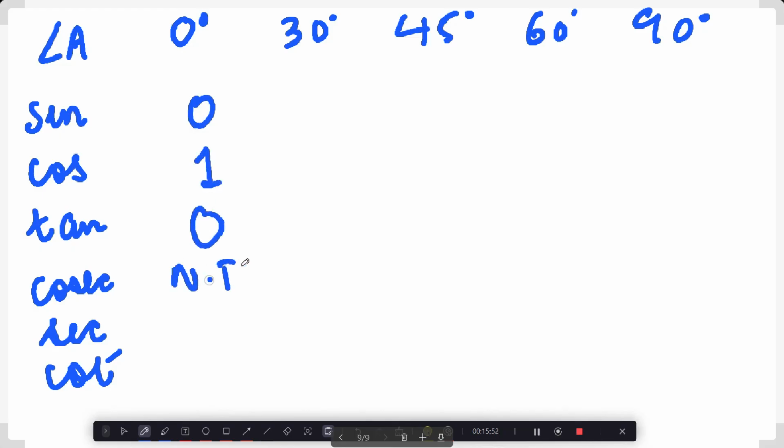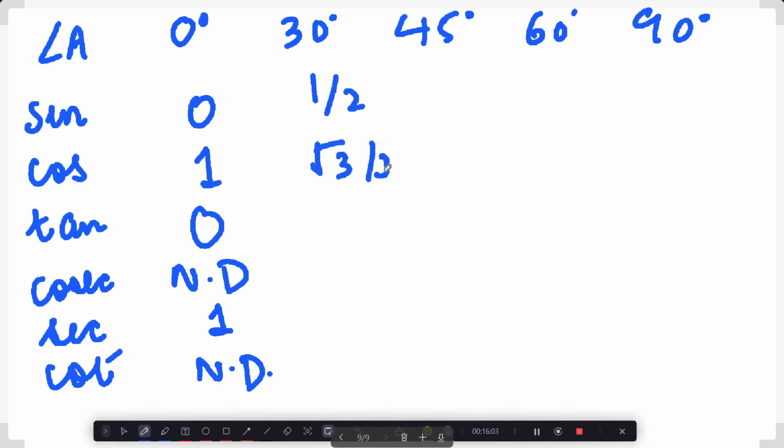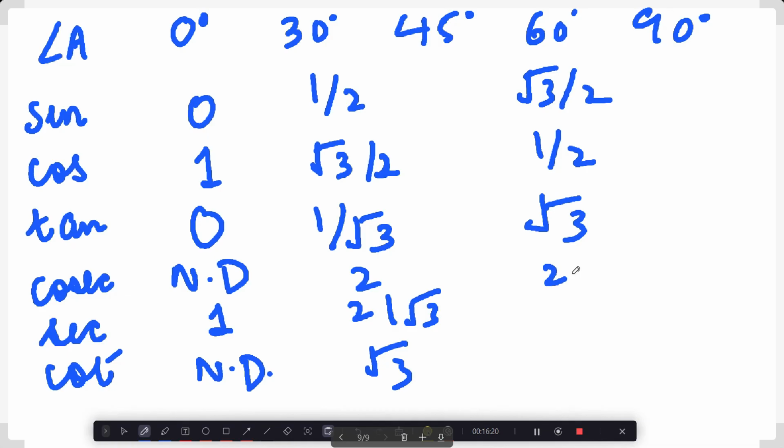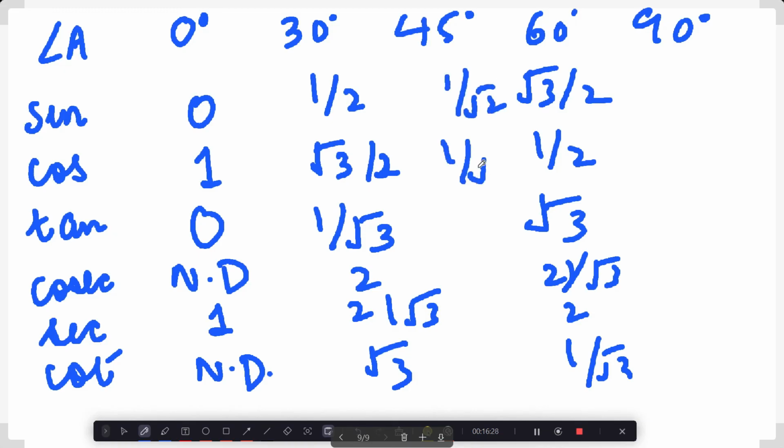Not defined, right? 30 degree we did. 60 degree is the opposite of this, and cosec will be the opposite of this, 2 by root 3, 2 and root 3. In this, 2 by root 3, 2 and 1 by root 3. Okay. What is 45 degree? 1 by root 2, 1 by root 2, 1, root 2, root 2, 1. What is 90 degree?